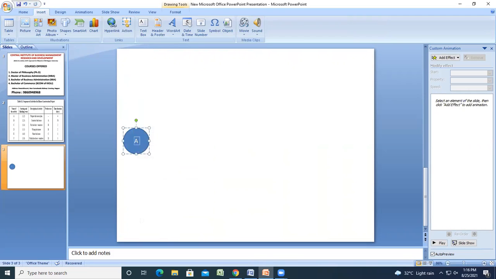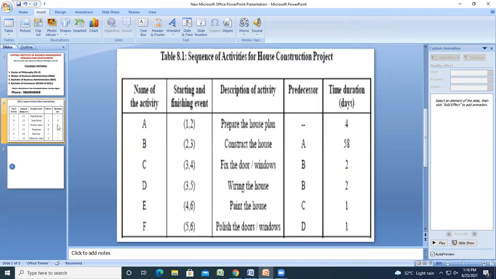So the name of the activity is activity A. This is the starting activity. Why is it a starting activity? Because it does not have any predecessor. The activities that do not have any predecessor are the starting activities.